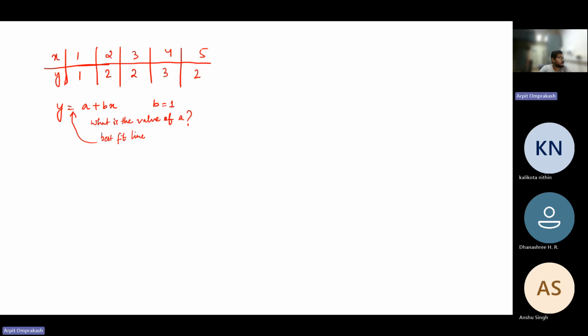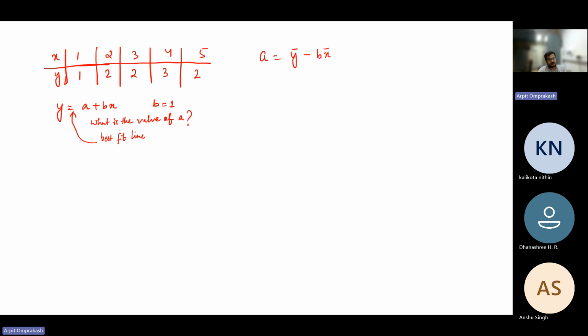Okay, so Anshu says basically A is equal to y bar minus B into x bar. So you get it from this equation, you take it this side and you basically take the mean.